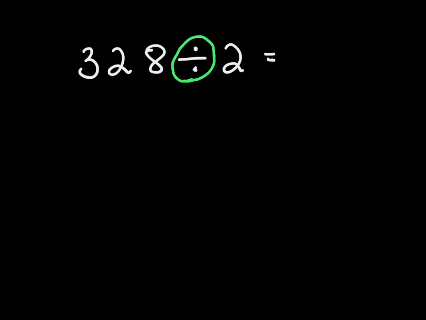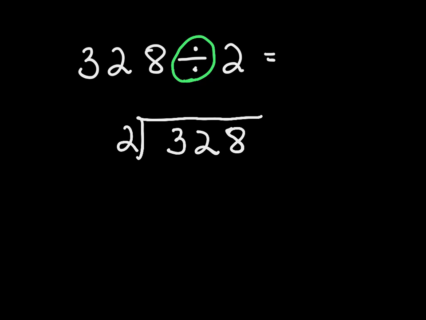So let's get rid of this because that's incorrect. What we're going to do is start off by saying 2 goes into 328. This is the standard. And I always like to use the following steps. Division, dad. Mom, multiply. Sister, subtract. Brother, bring down. And sometimes there's a dog in this division family, and his name is Rover.